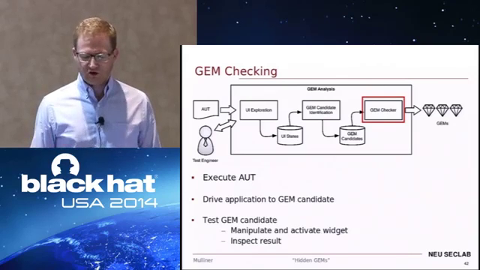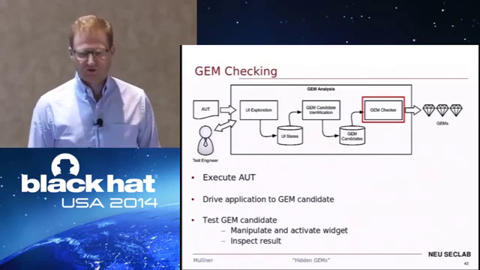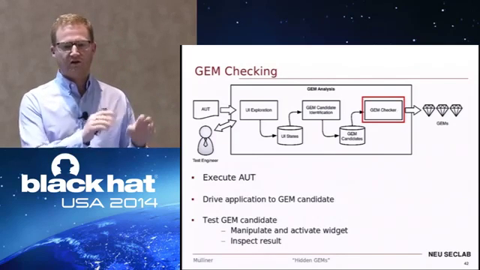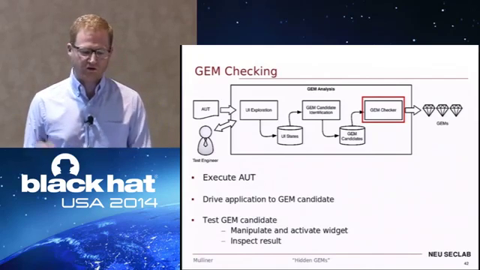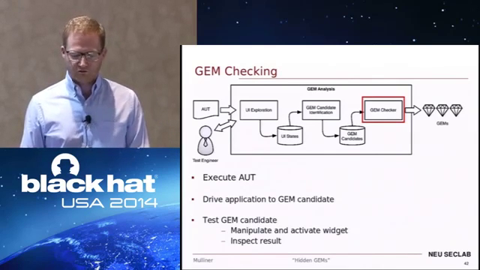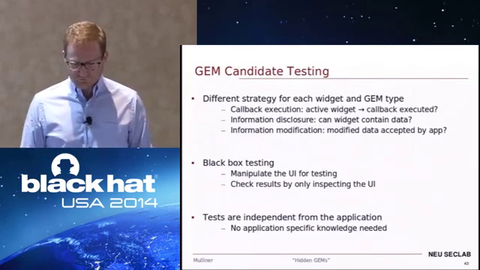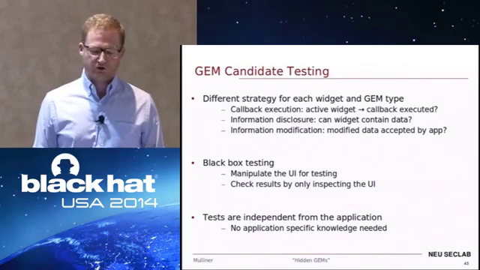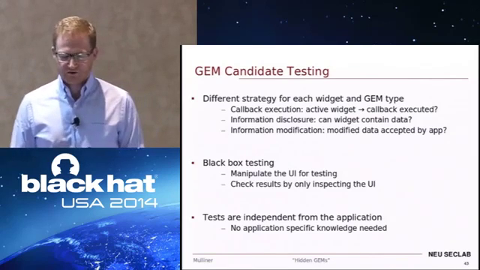Then the checker executes the application for each of those candidates. It drives the application, does all the operations to go to the specific screen, then manipulates the widget and checks the result. For each of those candidates, we have a different testing strategy.